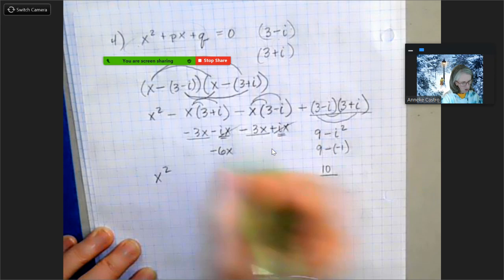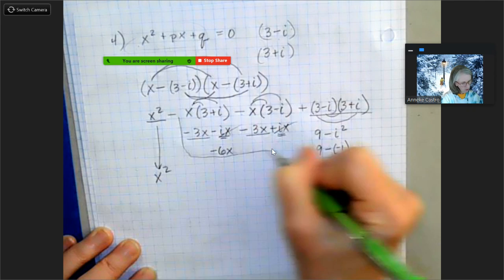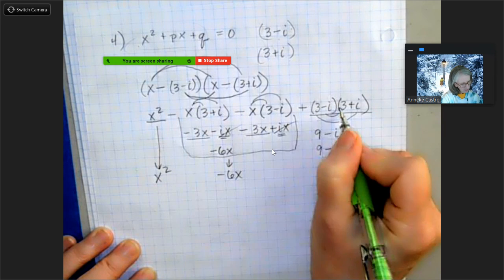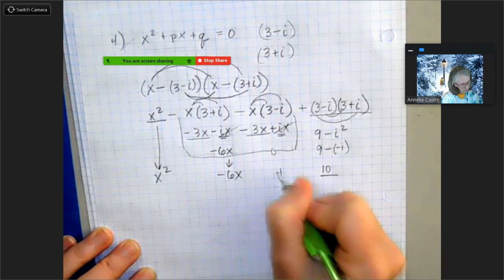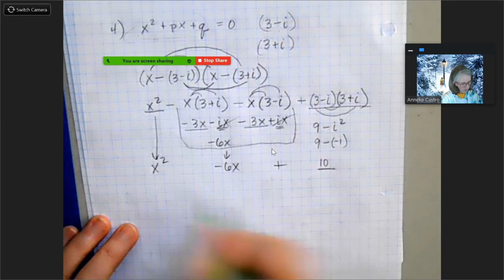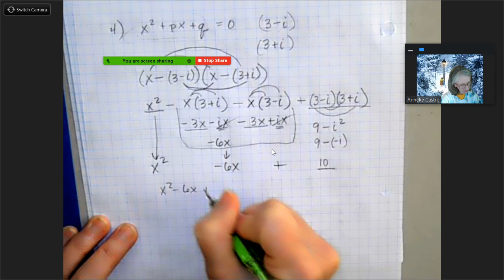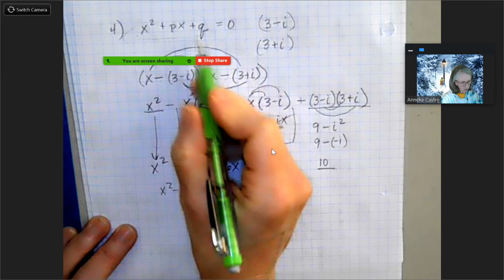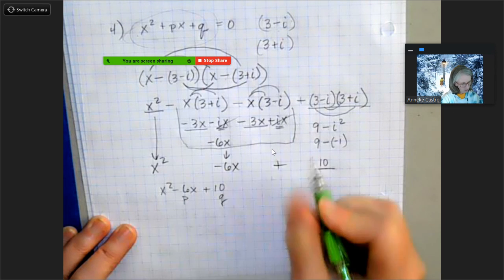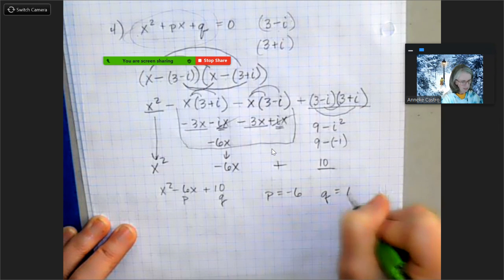So this term was my x squared, these two terms together gave me negative 6x, and this last term gives me positive 10. So here is now my quadratic, x squared minus 6x plus 10. And if I look back at here, this is my p and this is my q. So p is equal to negative 6 and q is equal to 10.